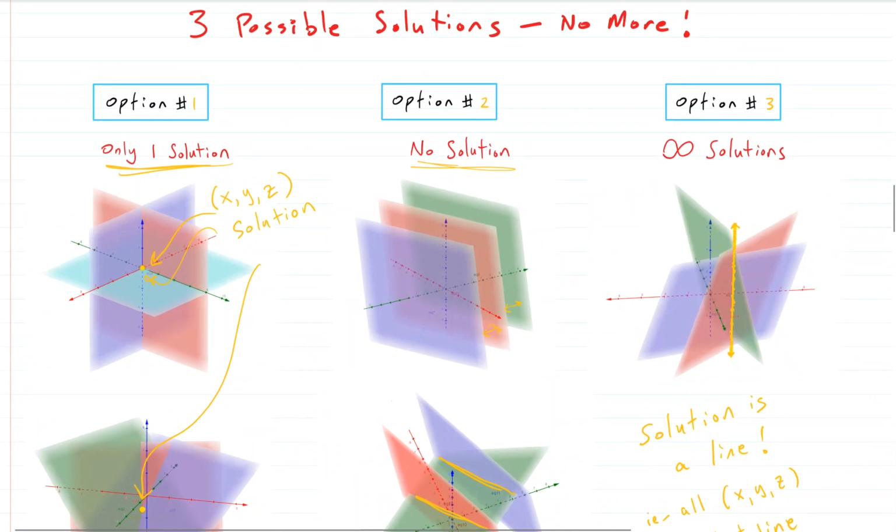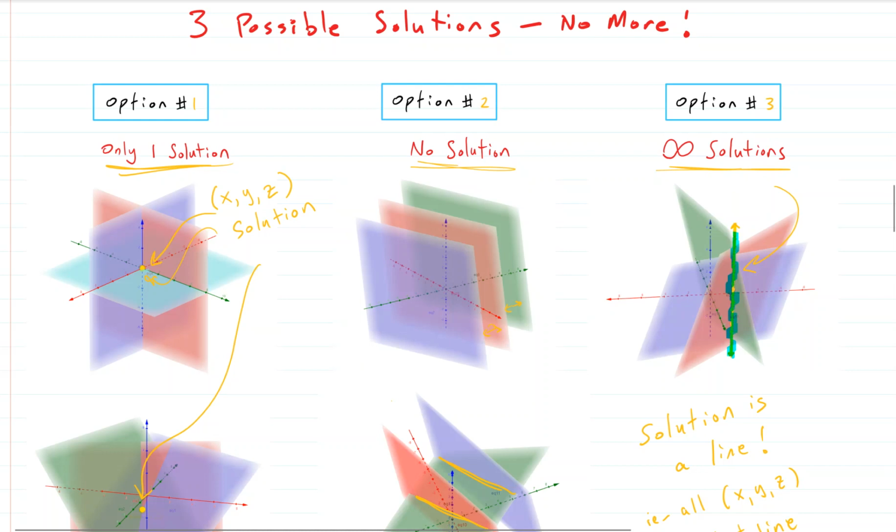And then finally, we have a category where you have an infinite number of solutions to your system. So there are an infinite number of points that are on all three planes at the same time. You can see that right here with this vertical yellow line. I've tried to draw a bunch of dots on here.